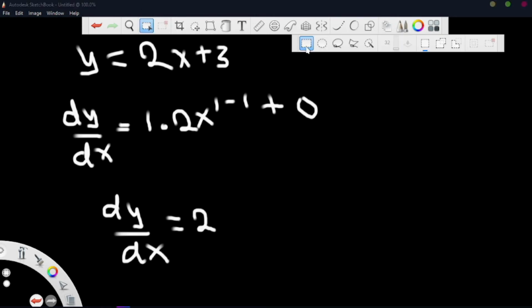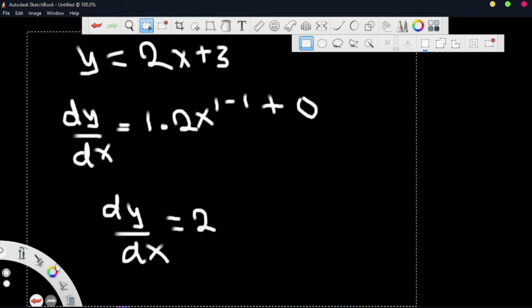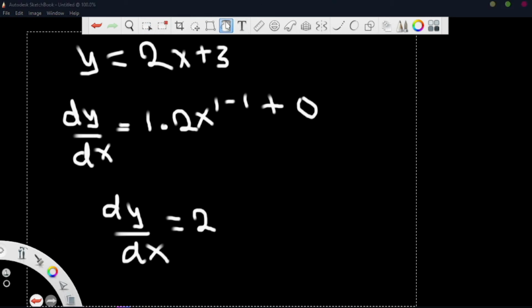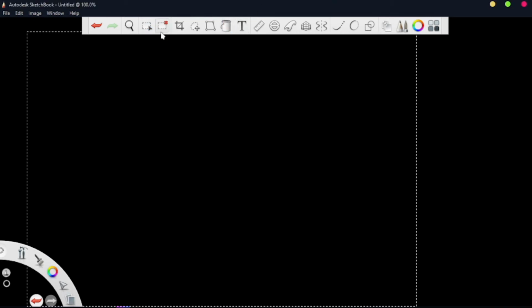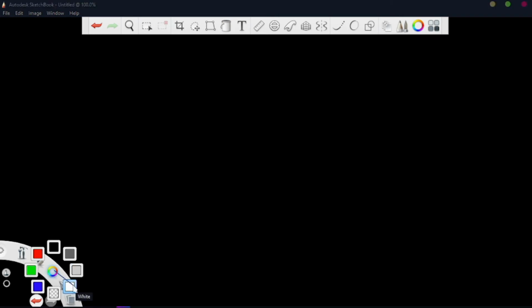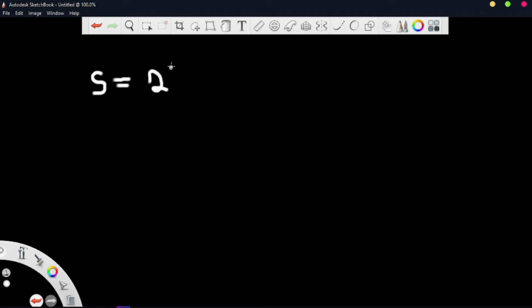Let's go ahead and try out another example. Let's try this: S is equal to this minus that.